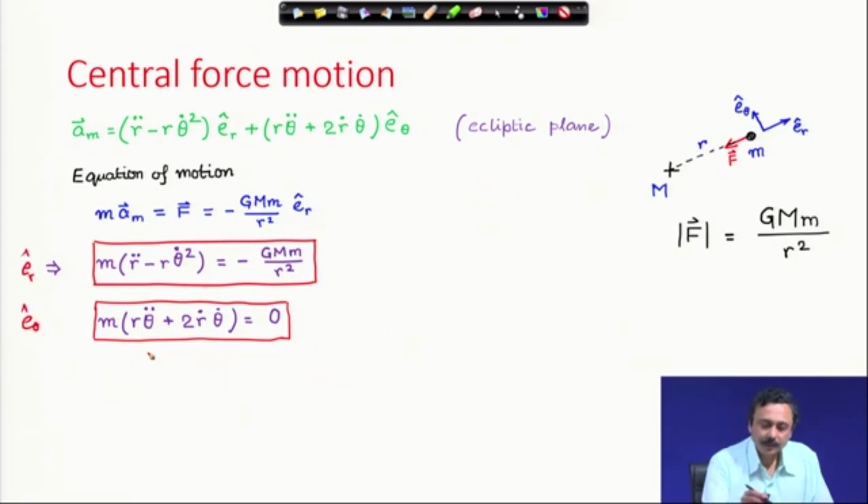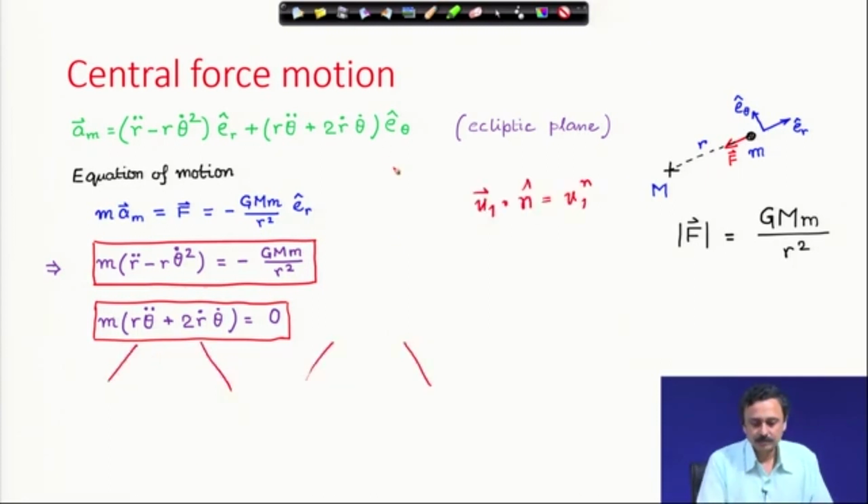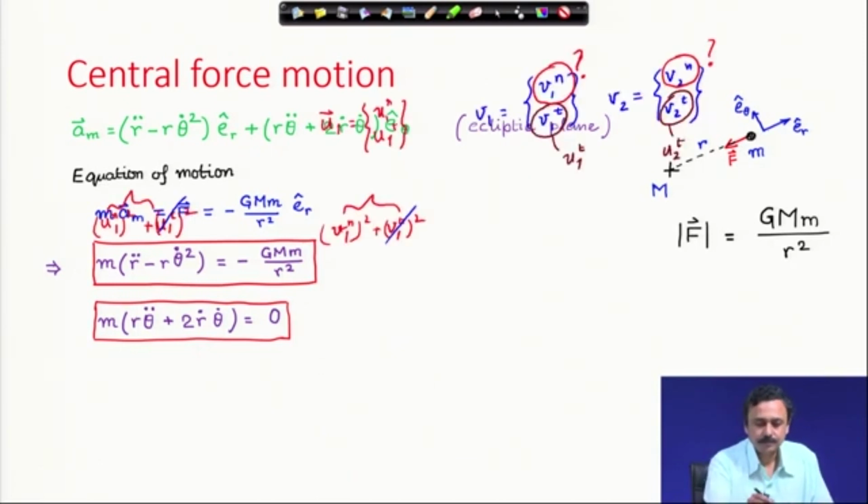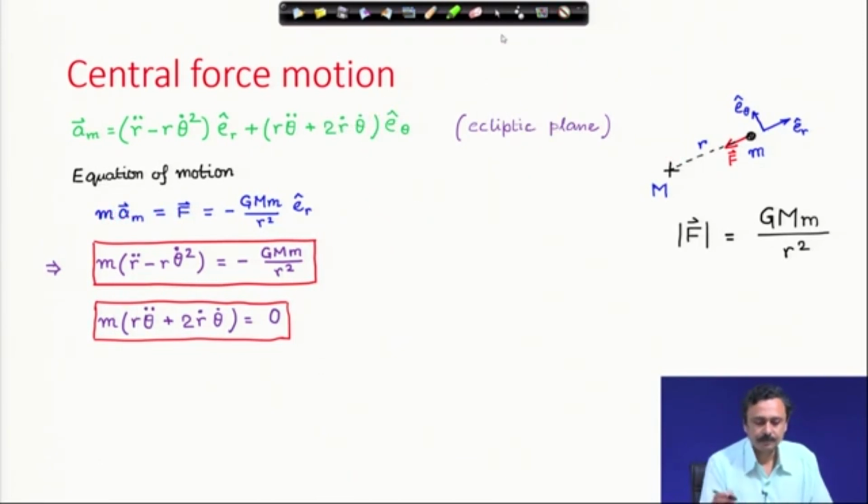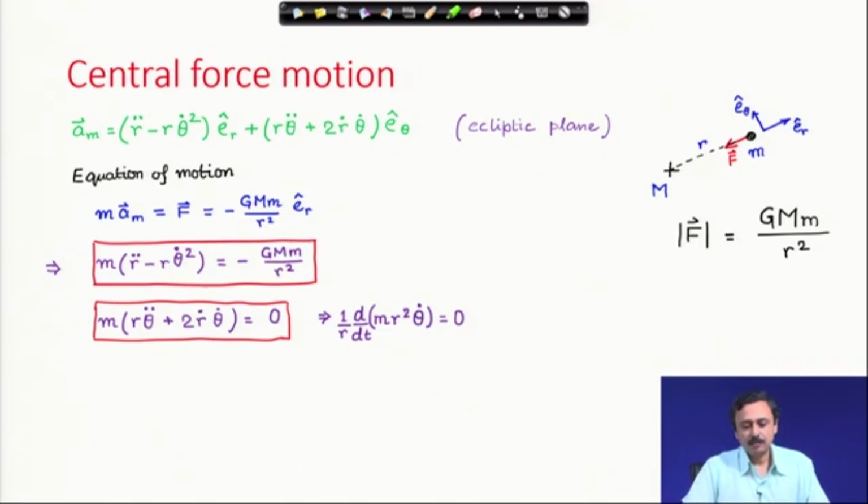Now, interestingly, the second equation can be recast in this form: 1 over r d dt of m r square theta dot. You can check by taking the differentiation using the product rule, and you will get the equation on the left.